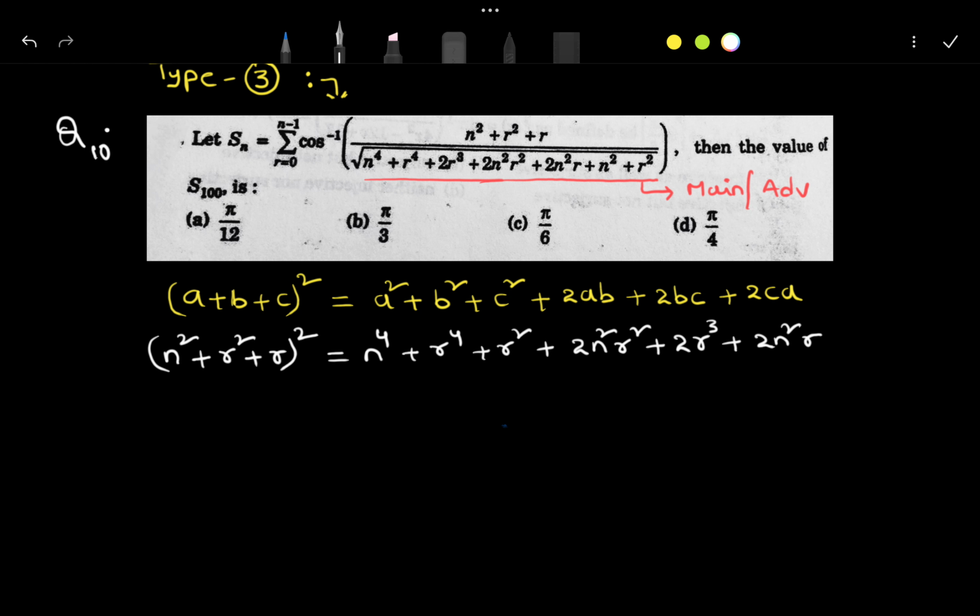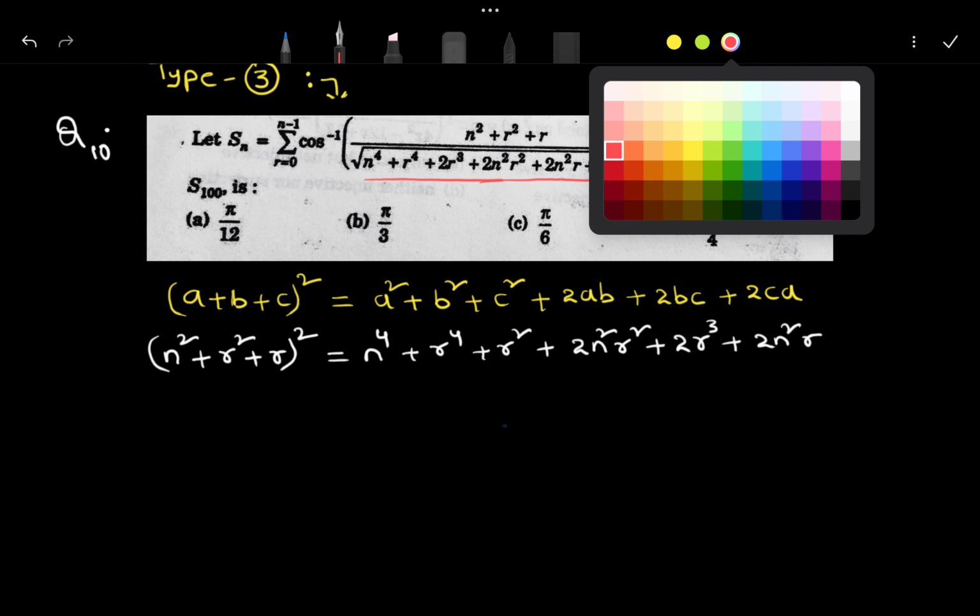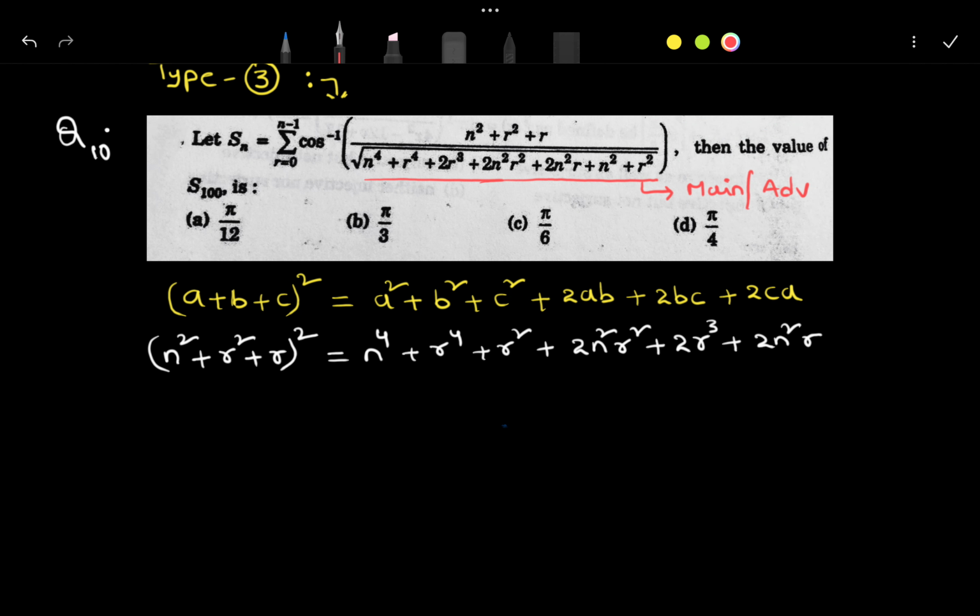Now all of you see this one. Comparing this expansion with what is in the denominator, only one term is not there in this expansion, that is only n². Except this, all the remaining terms are there.